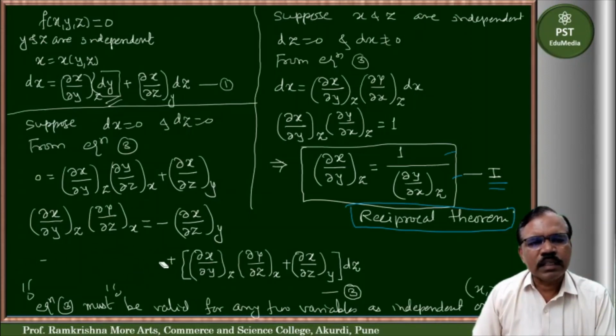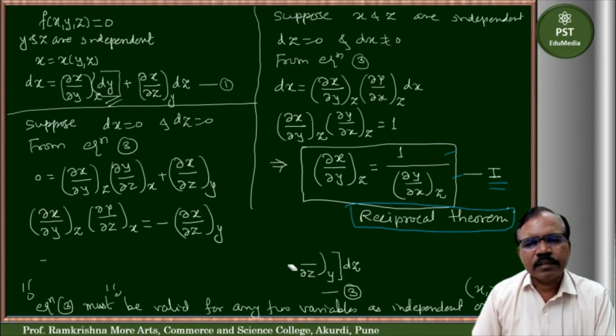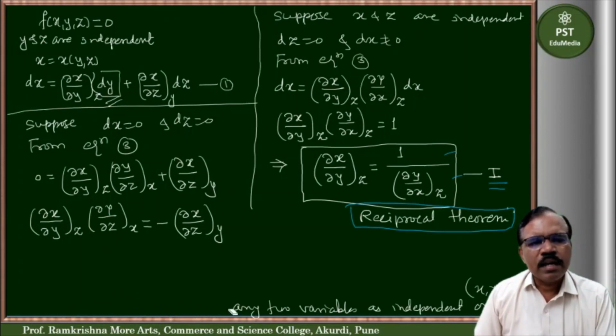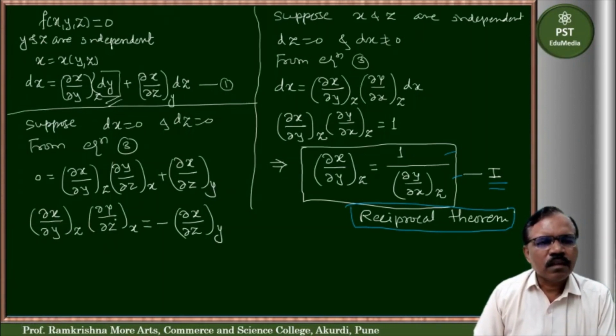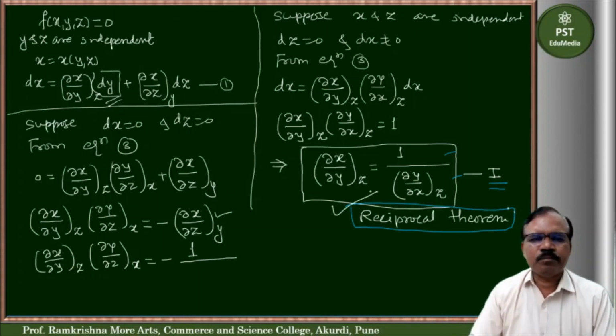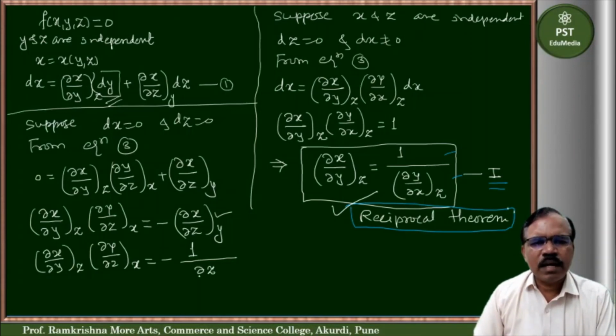If we use the reciprocal theorem on the right hand side, we will get ∂x/∂y at constant z into ∂y/∂z at constant x is equal to minus 1 upon, and for this I will use the reciprocal theorem, so what is that? ∂z/∂x at constant y.